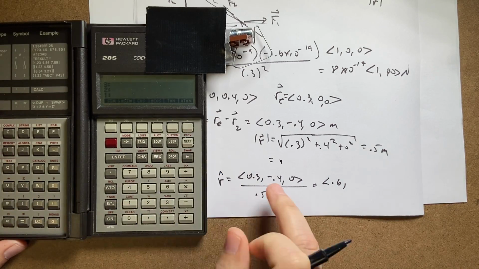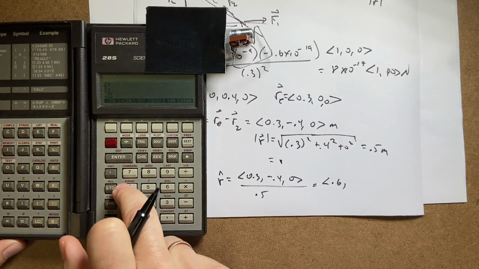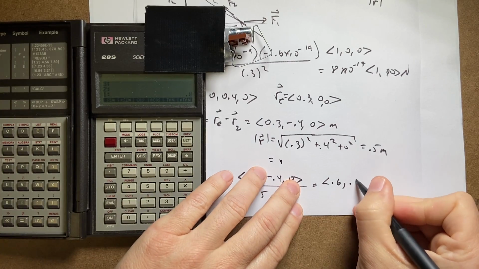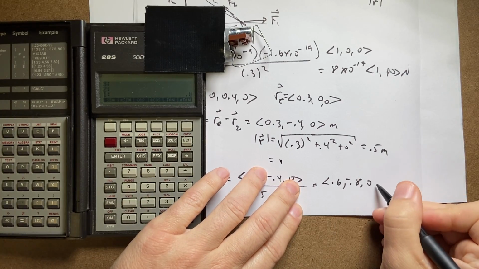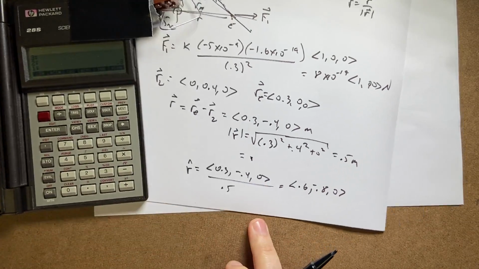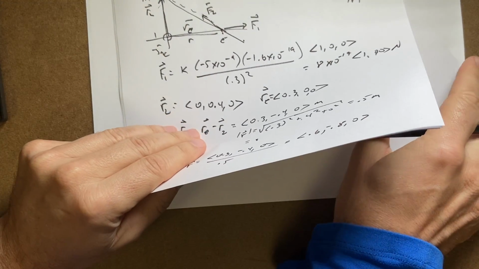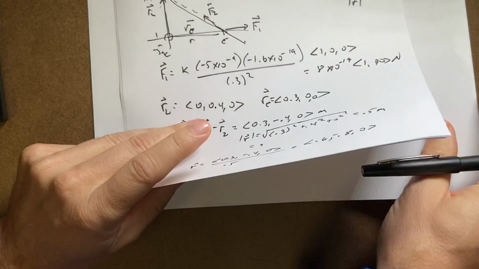And then I can take negative 0.4 divided by 0.5, and I get negative 0.8. That's my unit vector. Okay, so now I do need a new sheet of paper. I'm ready to calculate F2.